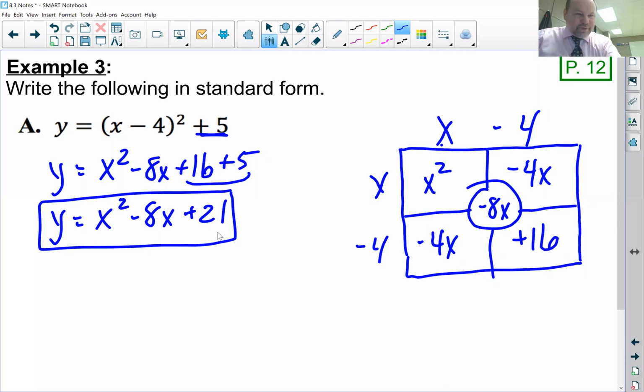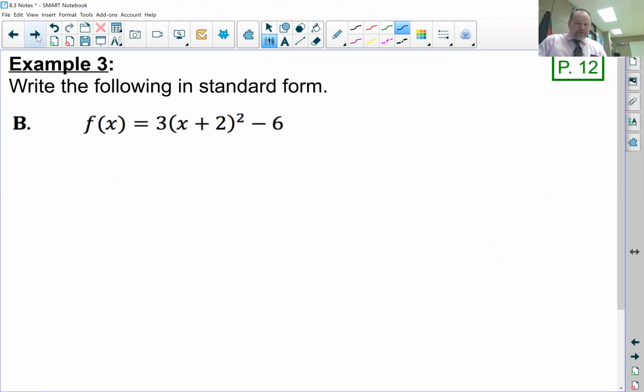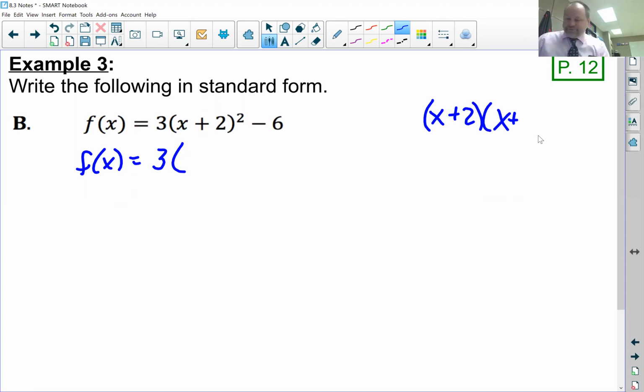If you don't like the box method, if you prefer the FOIL method, you can certainly use that. I'll show that with this example. I'm actually going to go over here and write x plus 2 squared is x plus 2 times x plus 2. Using the FOIL method, I multiply the first terms.